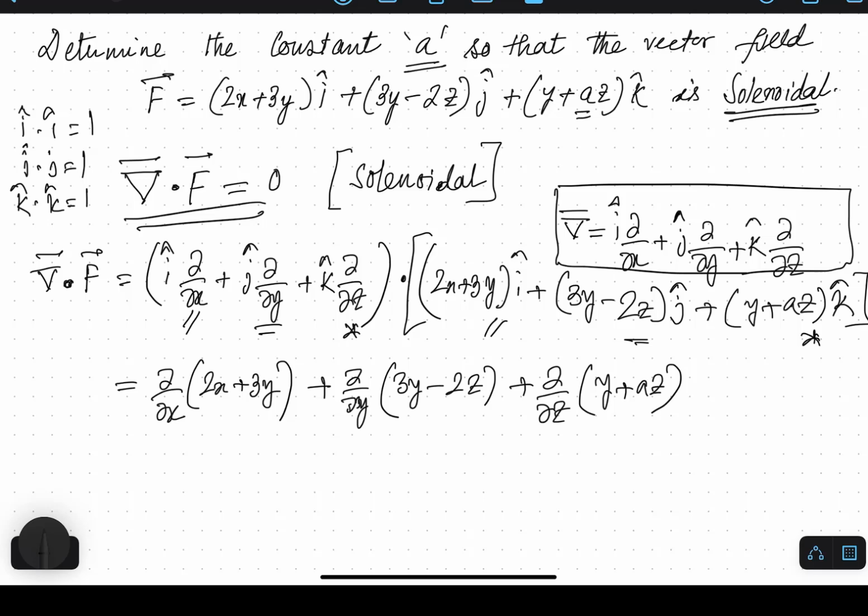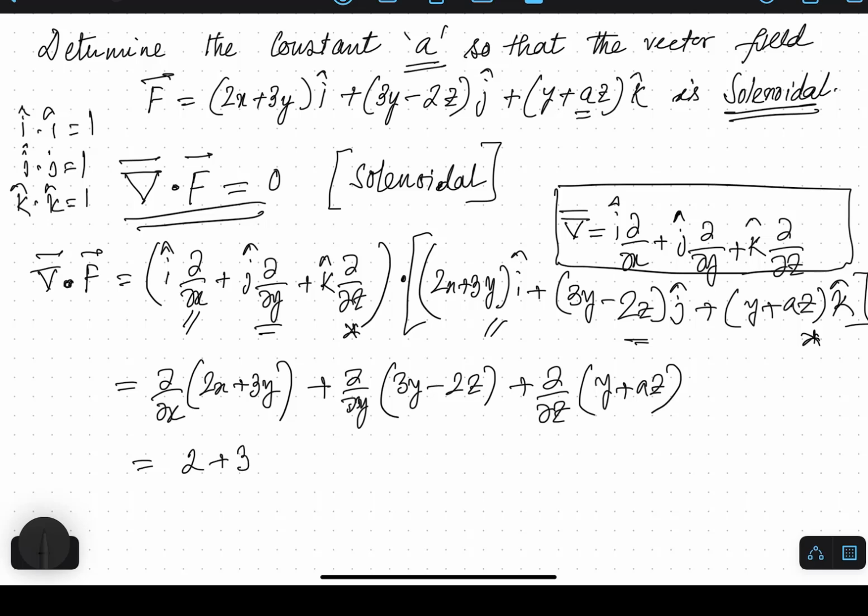So first I have to calculate del x of 2x plus 3y. That's the partial derivative. When I do this, remember that the derivative is with respect to x, and the rest of the terms except x are taken to be constant. So the derivative of 2x plus 3y with respect to x is 2. Del y of 3y minus 2z gives plus 3.